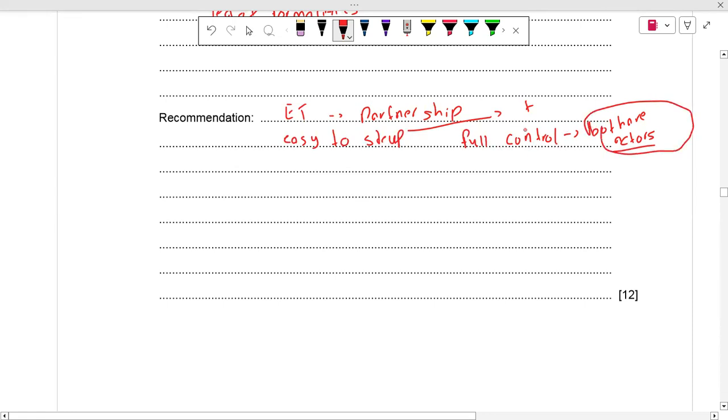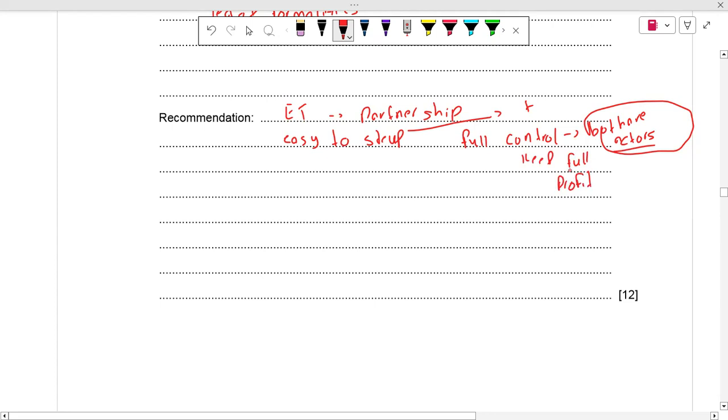They have full control, and it is very important, because if they set up a limited company, there will be some friends and family also. So it means that they will not have full control of the business, and they cannot take decisions according to their requirements. This is one more important thing. And of course, they are both actors and they are working so hard, so they can keep the full profit. This is also one more important thing.